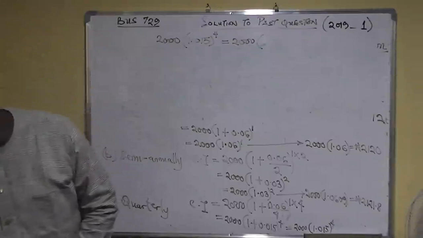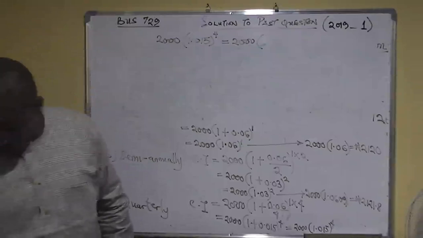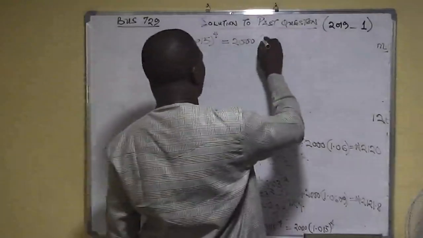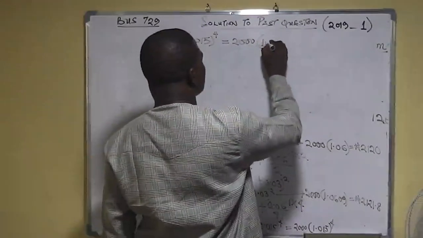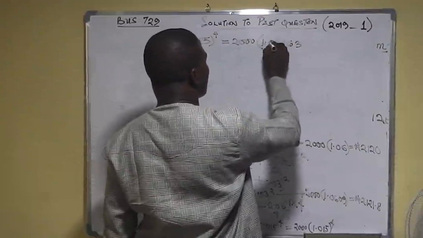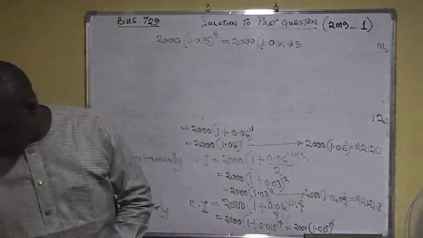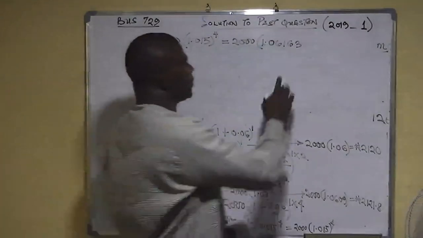Now that will give me 1.061363. That's what we are going to have.